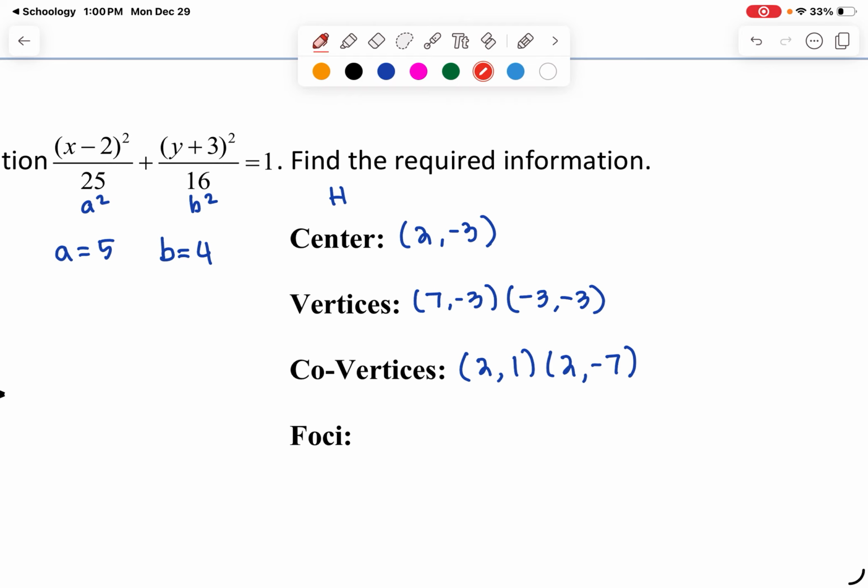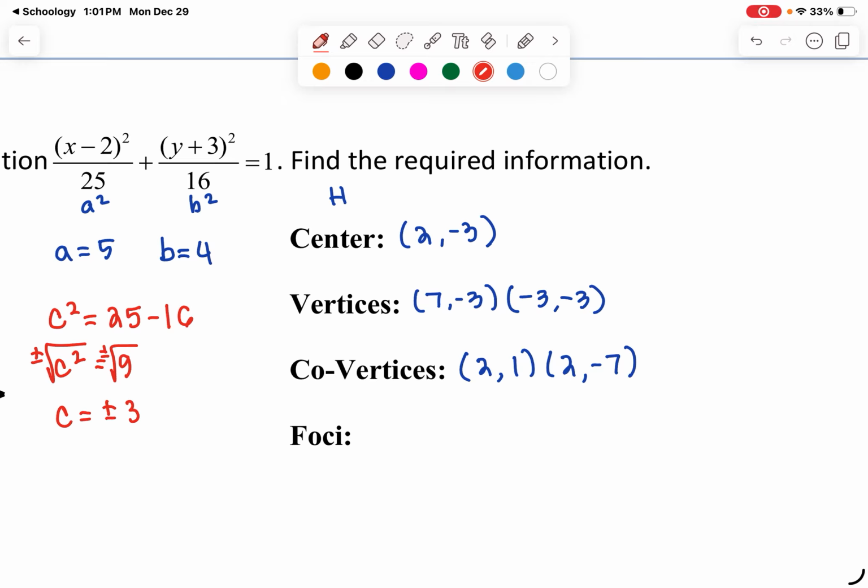And then my foci, c squared is equal to a squared minus b squared. So c squared is equal to 9. Ooh, that's nice. Plus or minus. You finally got a beautiful answer. c is plus or minus 3.